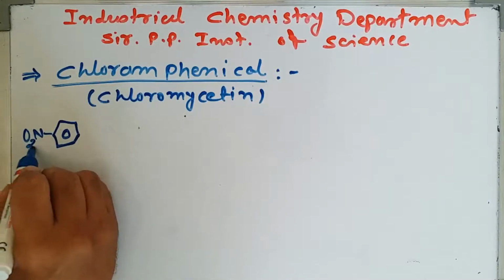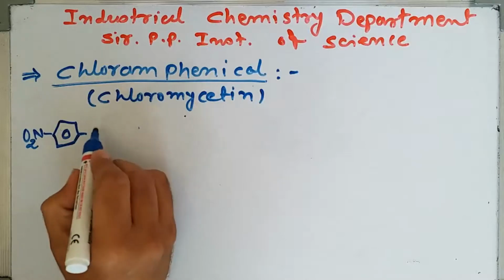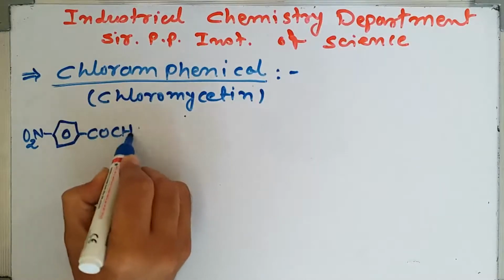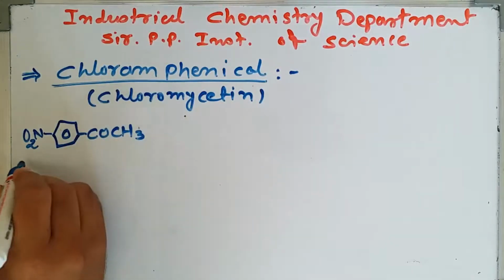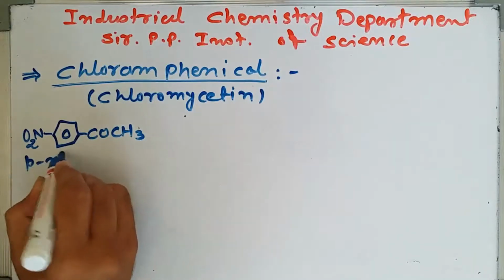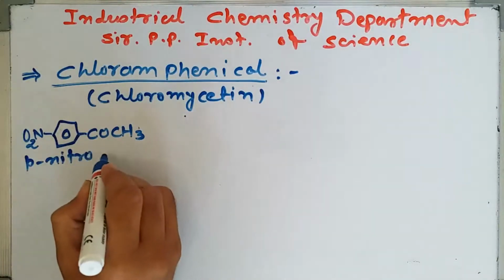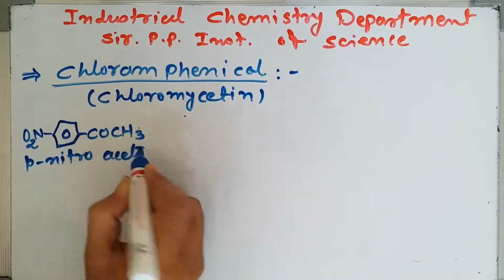I write the structure of para-nitroacetophenol: NO2, the nitro group, and COCH3. This compound is known as para-nitroacetophenol.